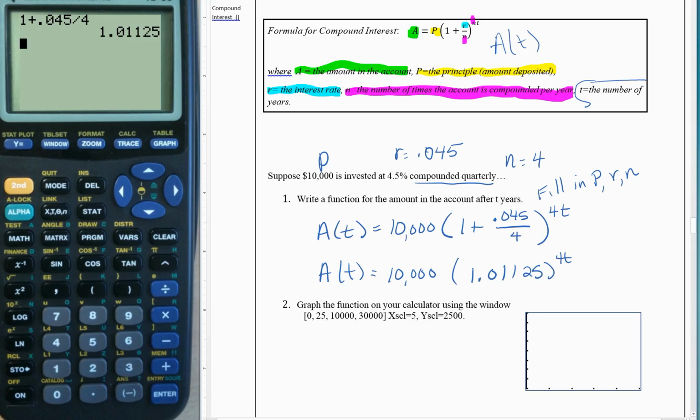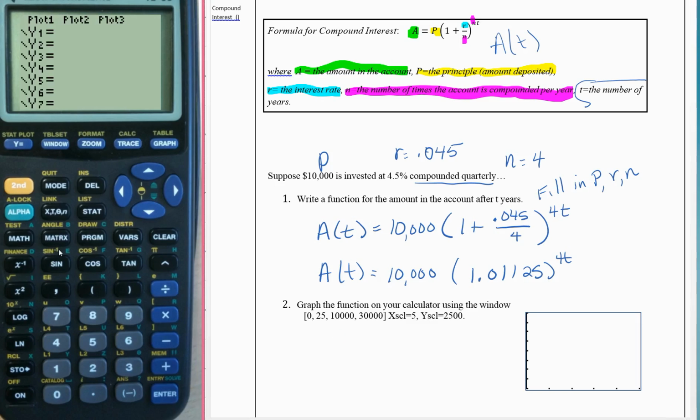Next it says, graph the function on your calculator, and it gives us a window. So we're going to put in 10,000 times 1.01125 raised to the 4, here it'll be x, make sure you put that in parentheses. We're going to go to our window and change it to 0 to 25.